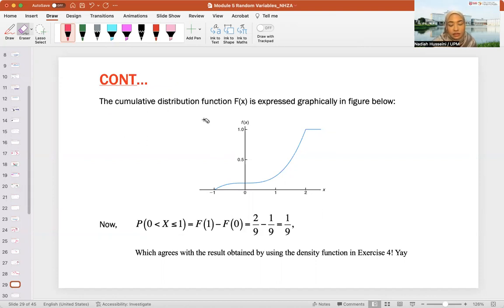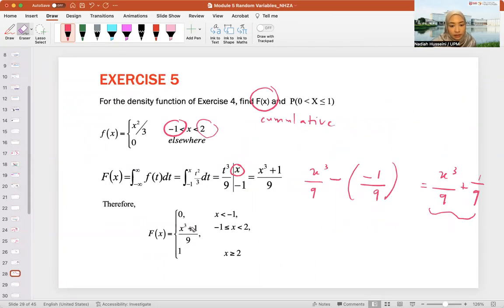The cumulative distribution function, the same function that we were talking about just now, is expressed graphically in the figure below. They give you this function and draw it for you. It is 0 if x is less than -1. It is this function if it is between -1 and 2. It is 1 if it is greater than 2.